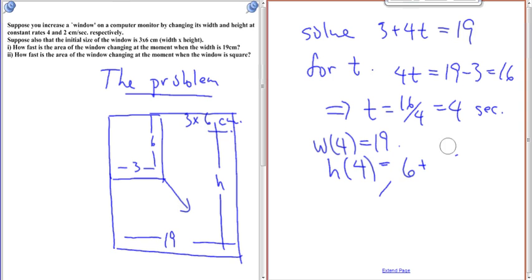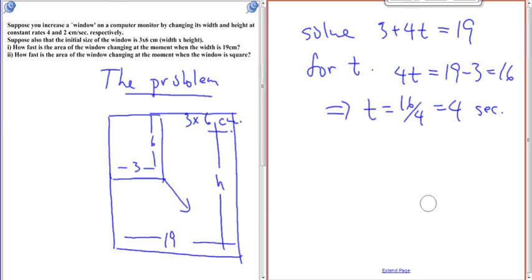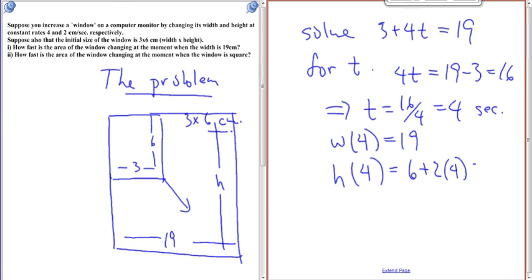All right, little mix up there. Okay, W of 4 is 19. What's H of 4? That's 6 plus 2 times 4 equals 14.